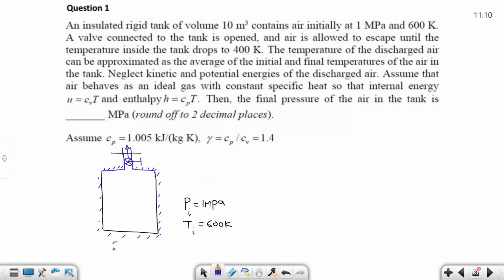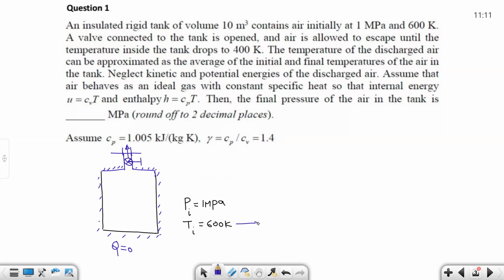So the heat transfer will be 0, since it is insulated. The valve is opened and air is allowed to escape until the temperature inside the tank drops to 400 Kelvin.